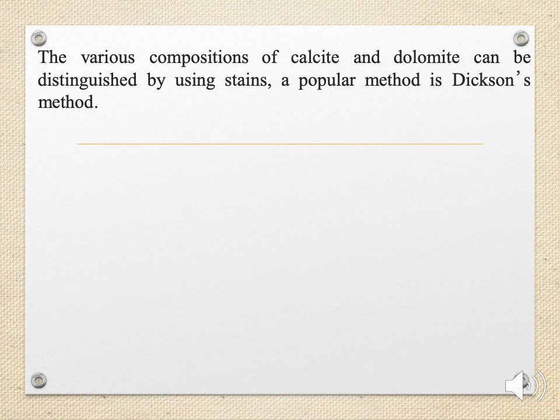And the various compositions of calcite and dolomite can be distinguished by using stains. Now, there are quite a few different staining methods or staining solutions, but a popular method is called Dixon's method. And Dixon's method is a mixture of several solutions.